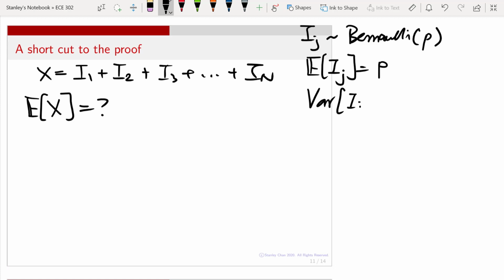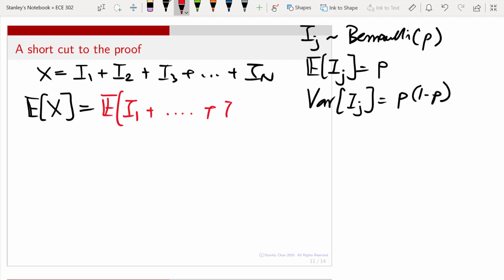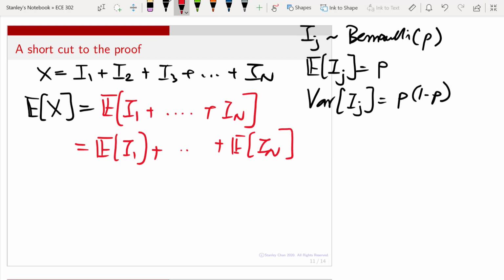The variance of Ij is p times 1 minus p. So let's calculate this expectation. The expectation of X is the expectation of I1 plus all the way to In. And then this is the expectation of I1 plus ... plus the expectation of In.